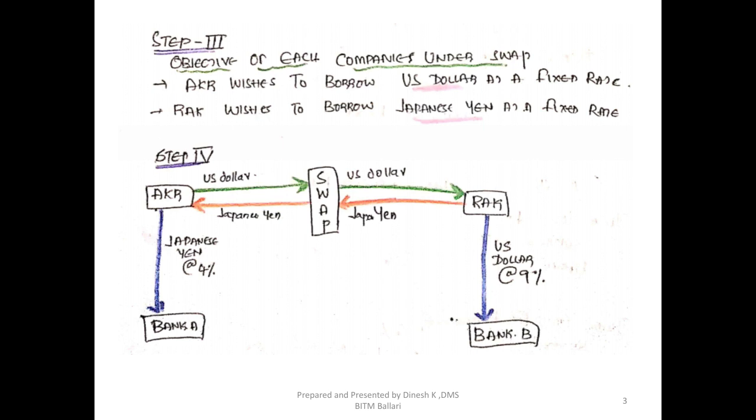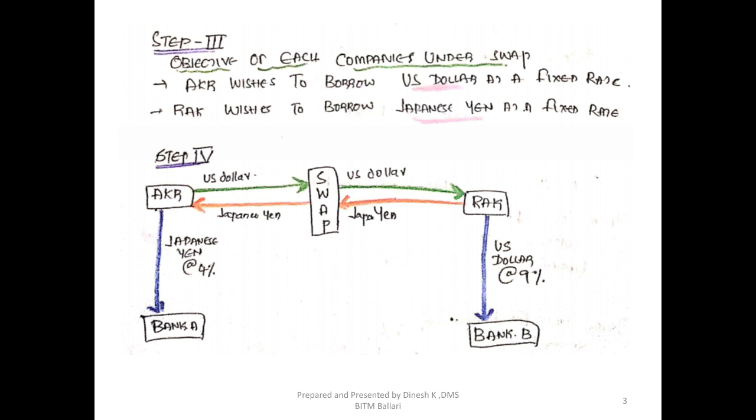Coming to step 3, the objectives of each company under the swap, as given in the question: AKR wishes to borrow in US dollar, and RAK wishes to borrow in Japanese yen. The same thing is shown in step 4 here. AKR, as in step 2, has an existing loan in Japanese yen at 4% and would like to borrow in US dollar, shown by the green arrow heading towards the swap.